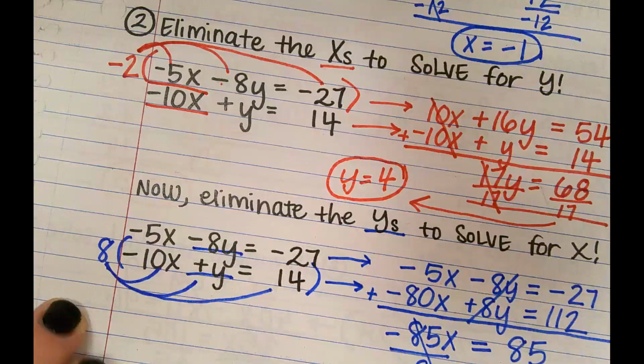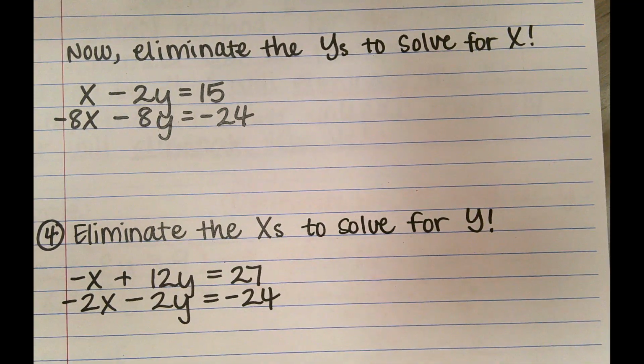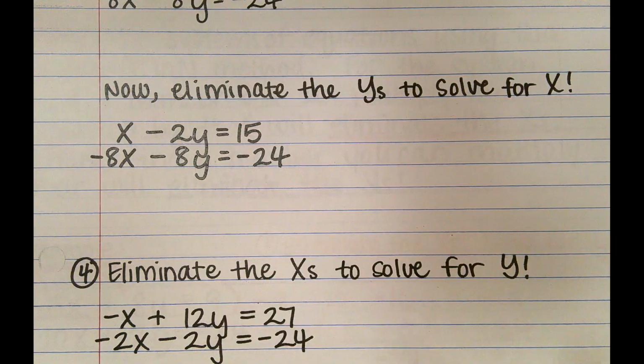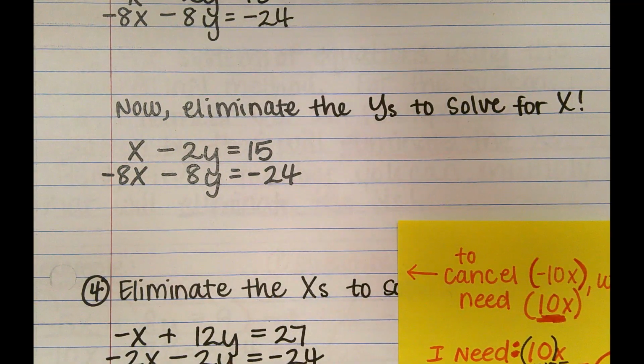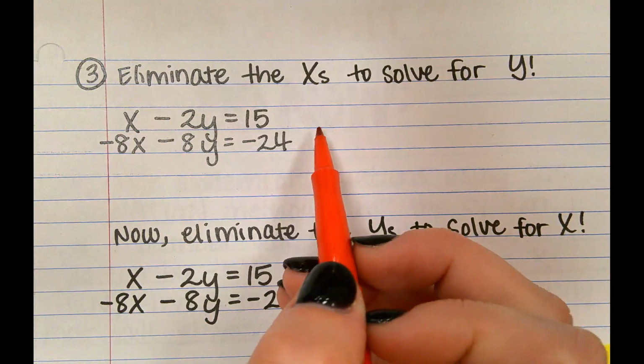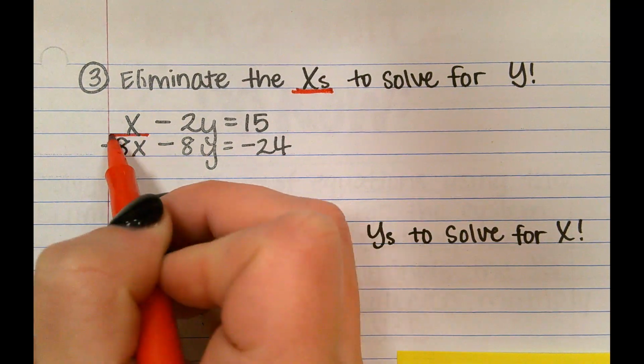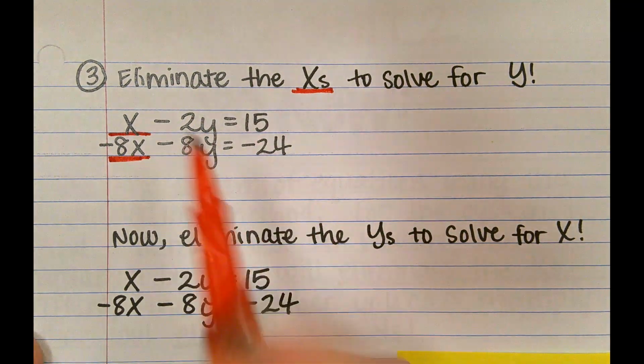Okay, so flipping to number 3. Rhonda, I'm going to have you help me with this one. Okay, so we're going to start by eliminating the x's. Here are my x's.